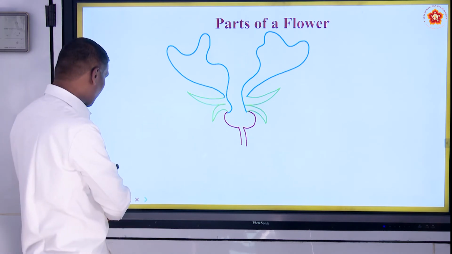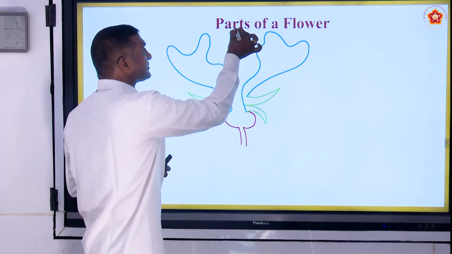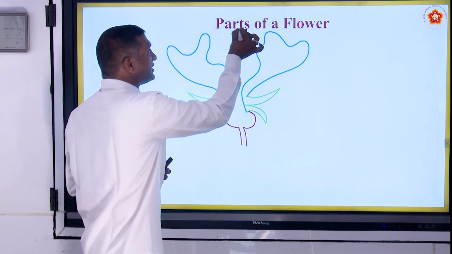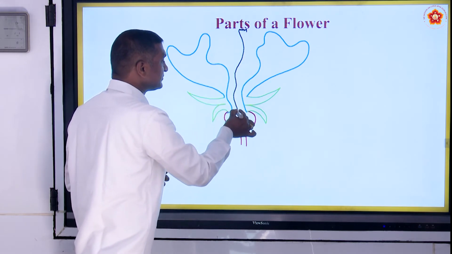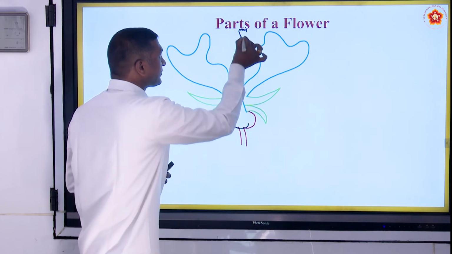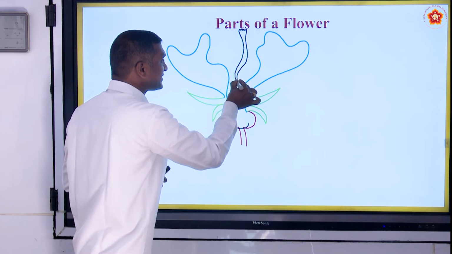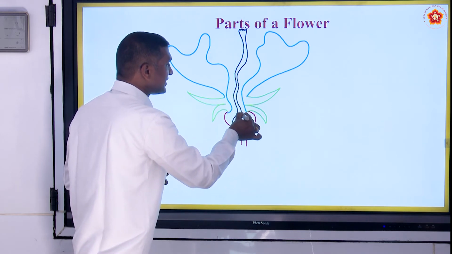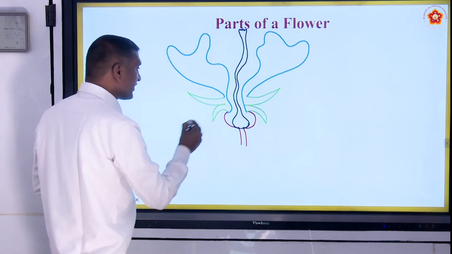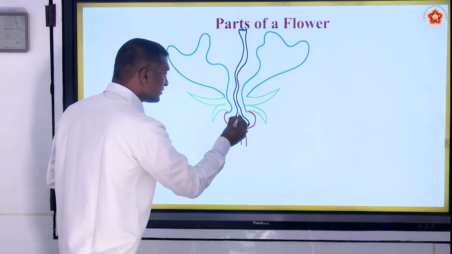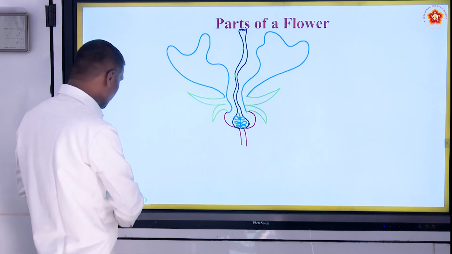Petals are there, which are colorful. Then you have, draw it here, the stigma. Carpel I am drawing first. Stigma is there, and the style, an elongated style. Then it is ending with a bulged ovary, where inside that ovary you can observe the ovules. These are the ovules.